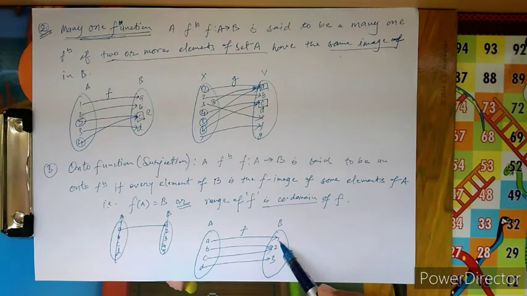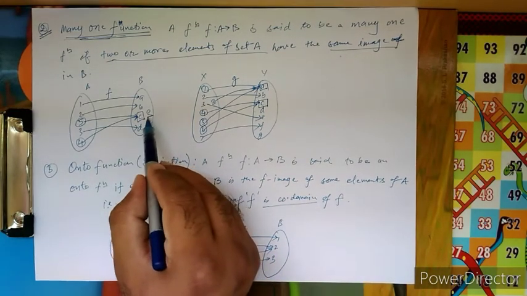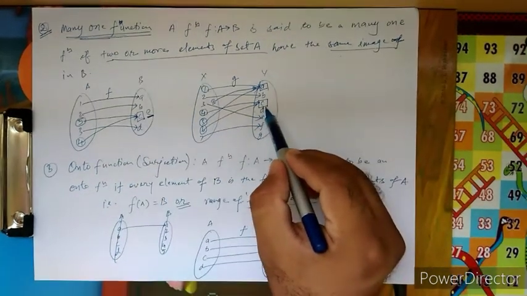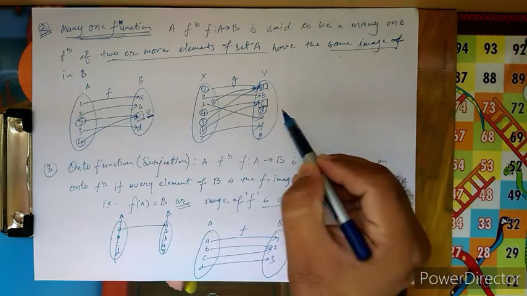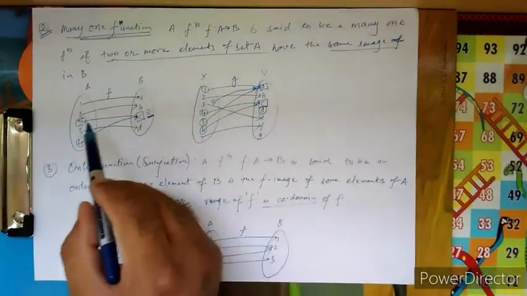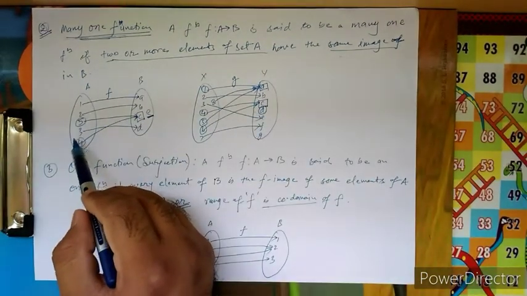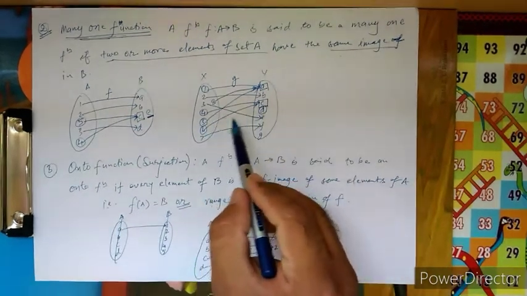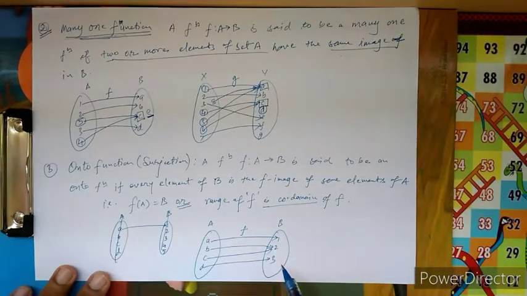That means each and every element of B has a pre-image over here. Likewise here also we can see, and this also we can see, which don't have any pre-image in A. We have to understand these things.